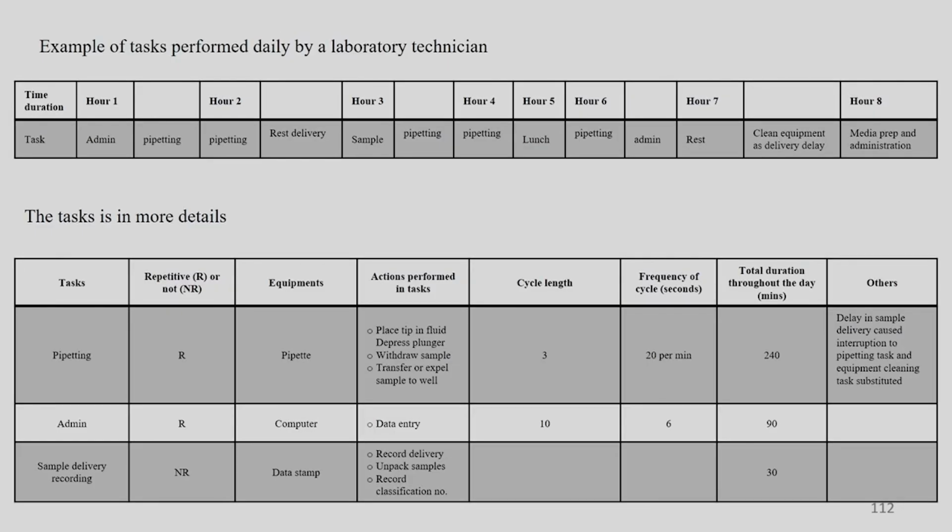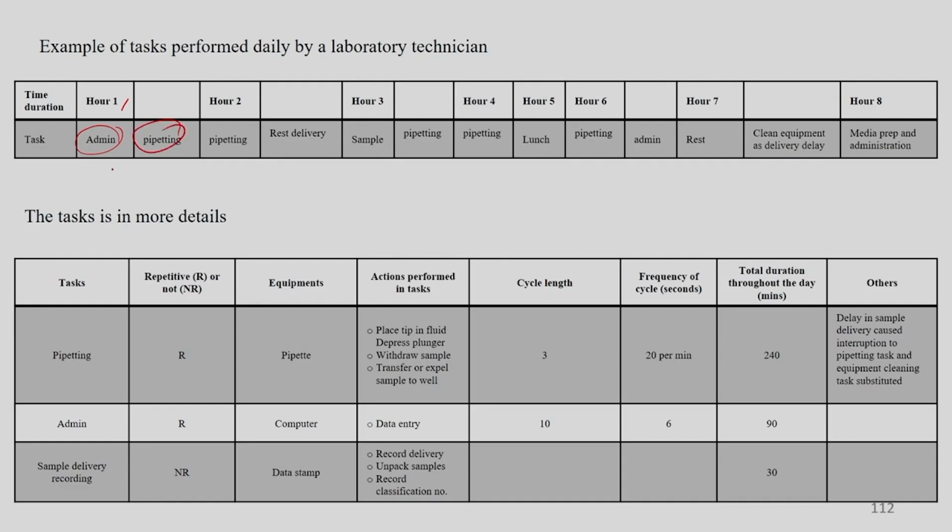Now let us take an example. Here you can see a particular laboratory technician. Suppose it is a particular job. In the first hour the person is doing some kind of administrative job, then pipetting.